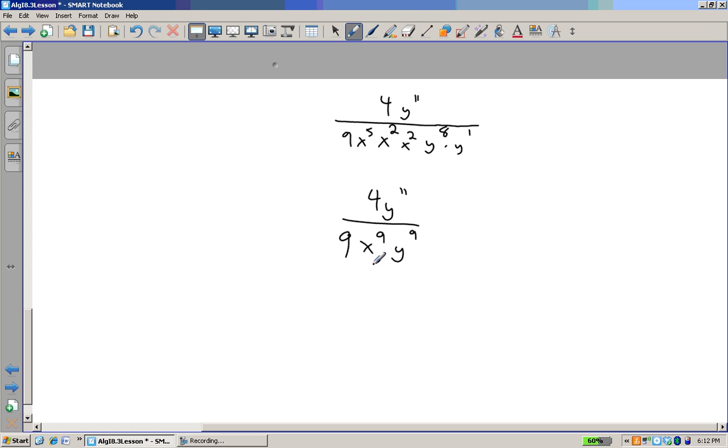And now we need to simplify things. Let's see. Y's vertically can be combined. There's 2 more y's on top than on the bottom. It's going to be 4y to the 2nd over 9, let's see, x to the 9th. And that's it.